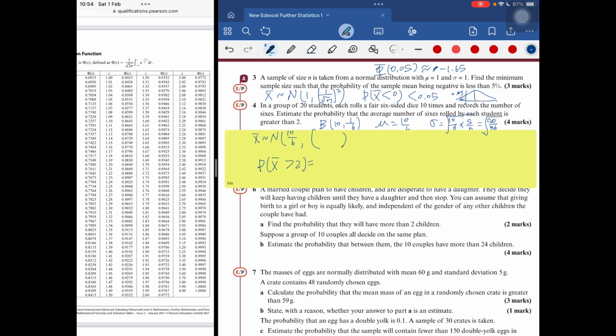So the standard deviation is square root of 50 over 36 times 20. So this is the standard deviation. Let me make a correction.